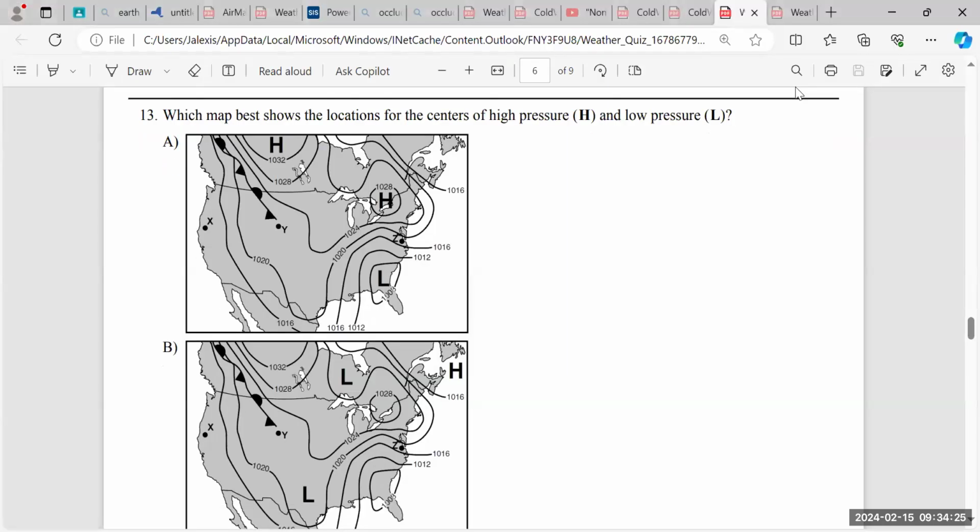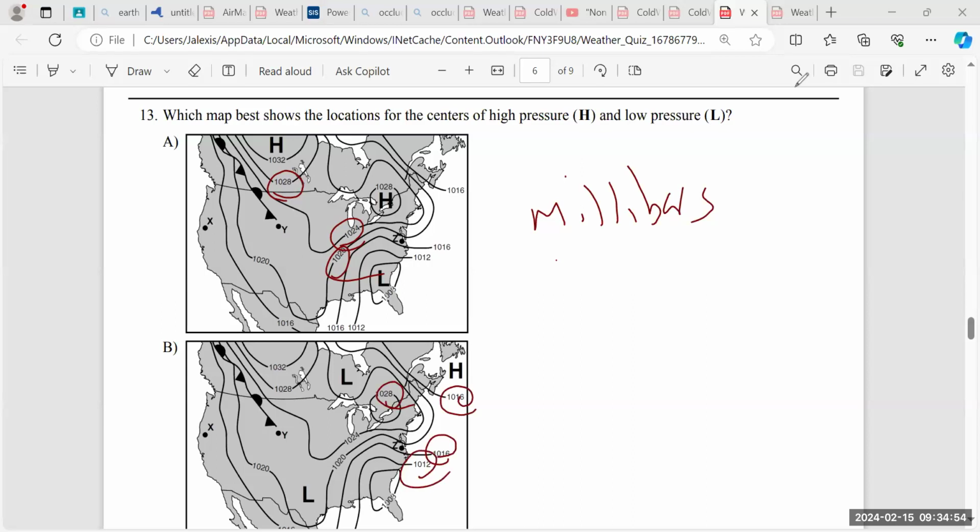All right, 13. Which map best shows the locations for the center of high pressure and low pressure? So I know that all of these numbers here represent millibars, air pressure.